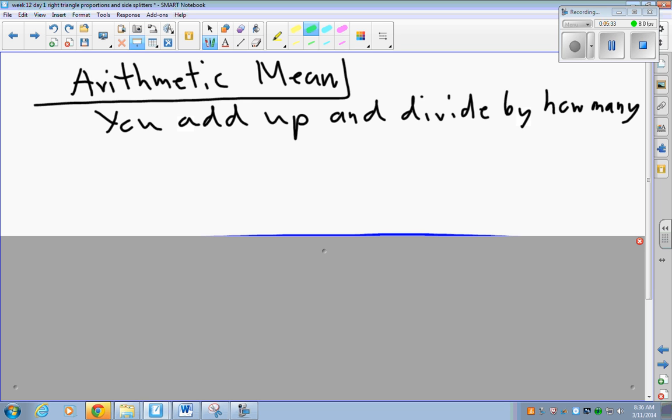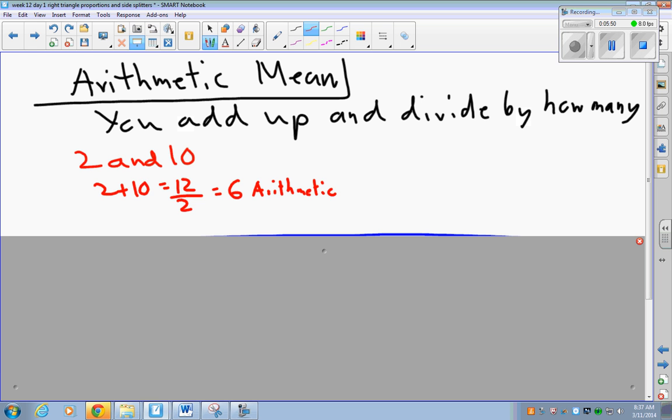So if I ask you for the arithmetic mean of 2 and 10, you would just go 2 plus 10 equals 12, divided by 2 equals 6. That is the arithmetic mean. That means that if you got a 6 on the first test and a 6 on the next test, that would have been the same as getting a 2 and a 10.